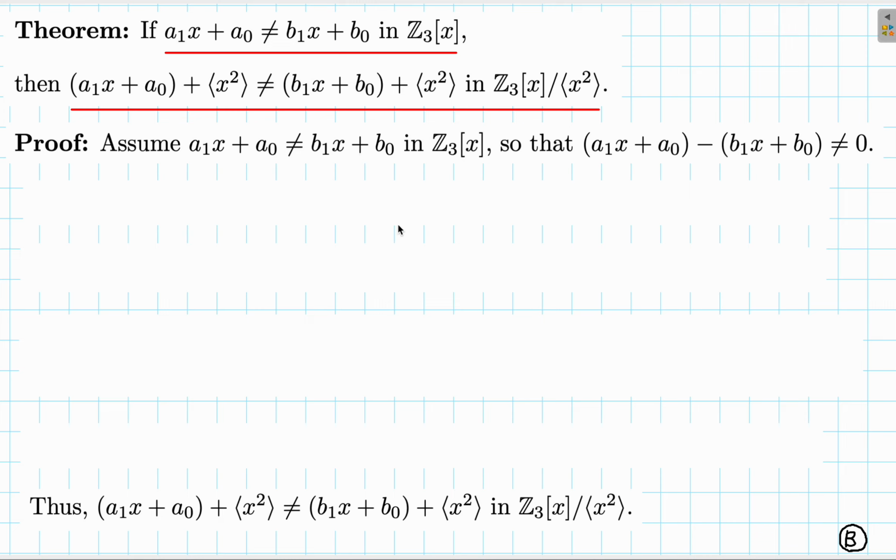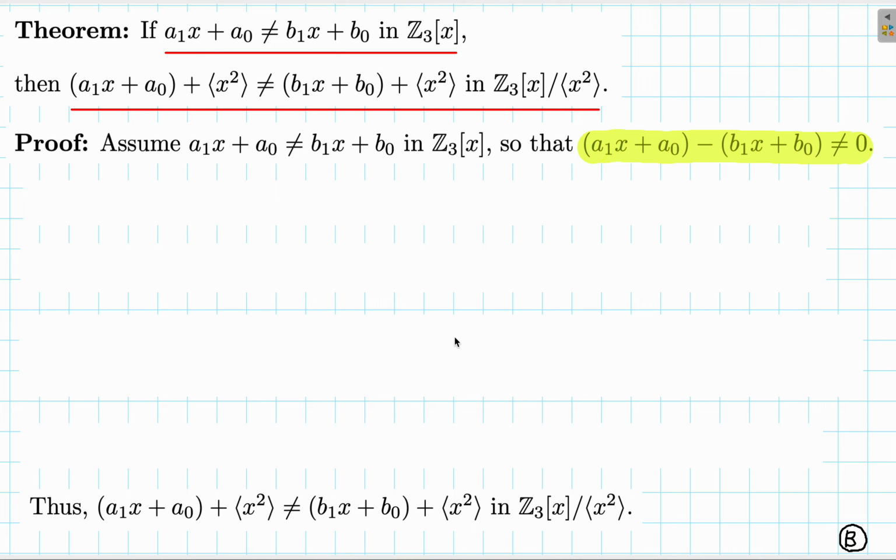And our last step is the conclusion that their corresponding cosets are also different in the quotient ring. Now we also have this additional step. Because these two polynomials are unequal to each other, their difference, right here, must be non-zero. That's going to be useful later in our proof, so I just wanted to put that up front.